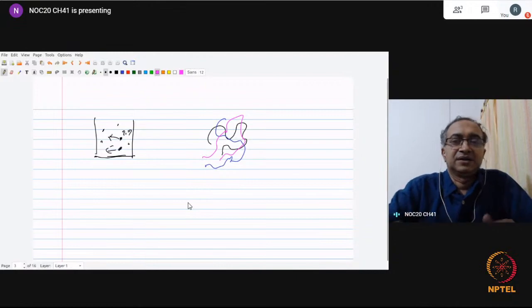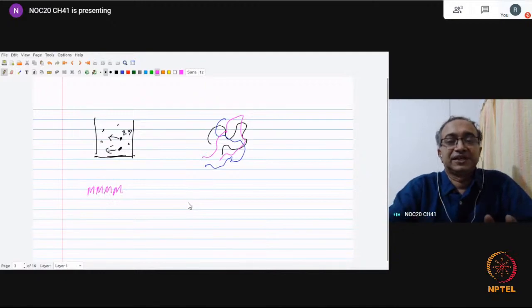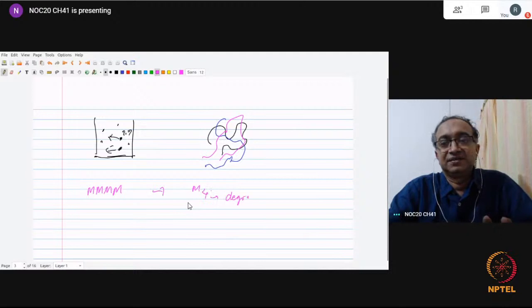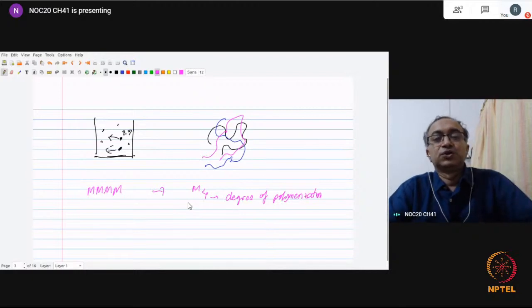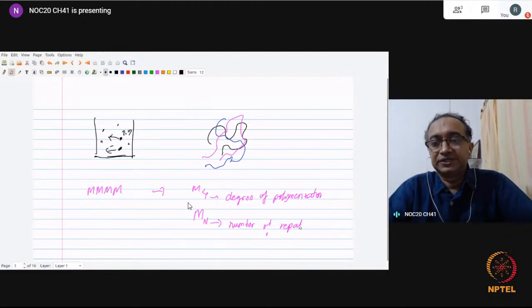For example, if I have one monomer and then I add, let's say, 4 monomers, this can be written as M4. So 4 is the degree of polymerization. So basically Mn implies the number of repeating units. I hope that answers your questions.